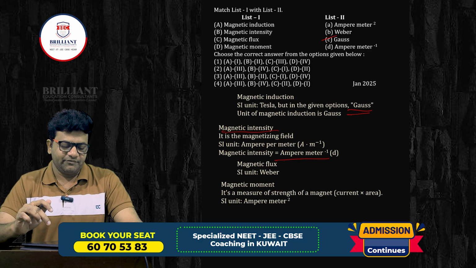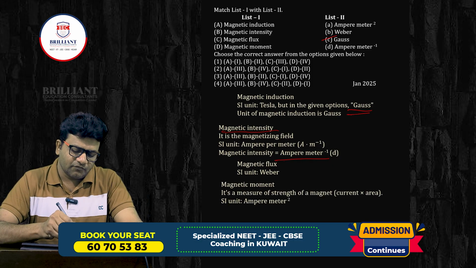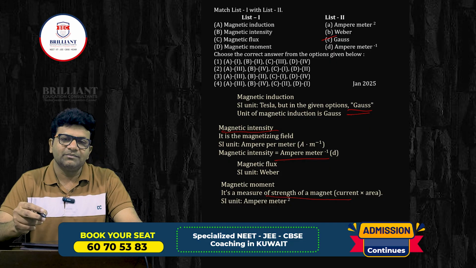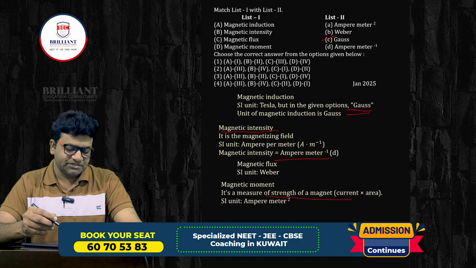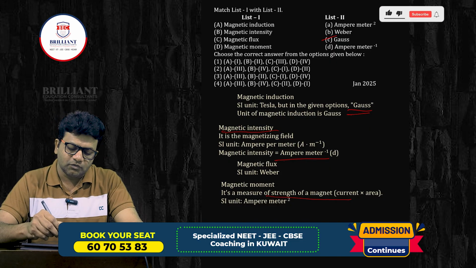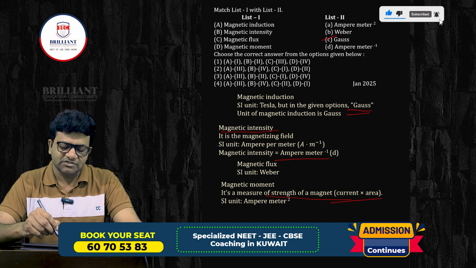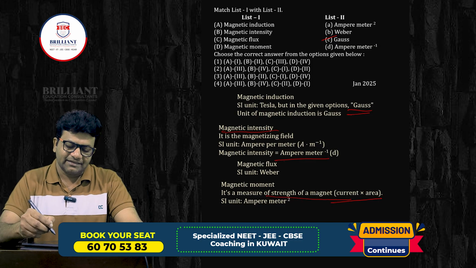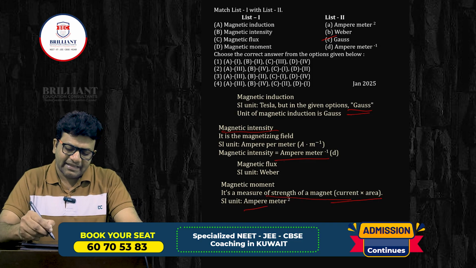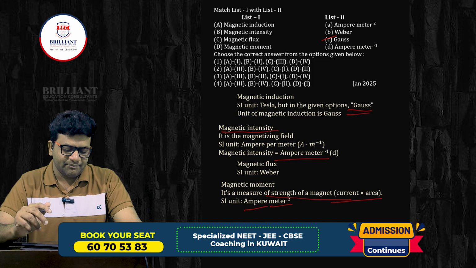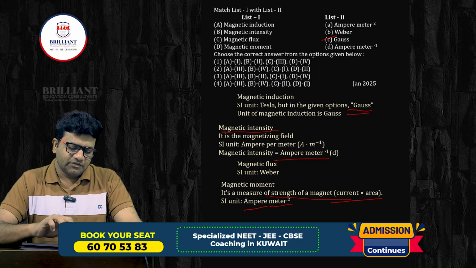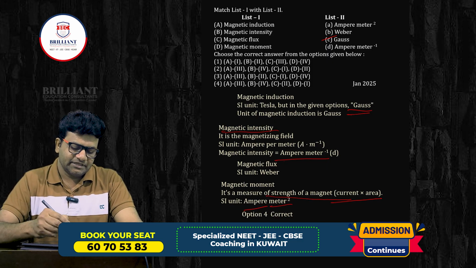Then magnetic moment, which is the strength of the magnet. The equation is magnetic moment m equal to current into area, that is I into A. By substituting the dimensions of current and area, the current is ampere and area is meter square, so the unit is ampere meter square. So you can see the correct option is 4.